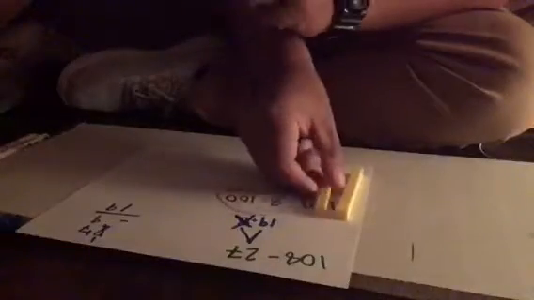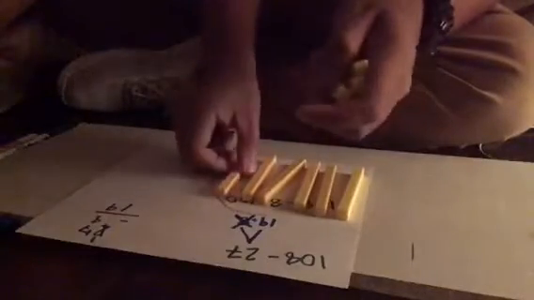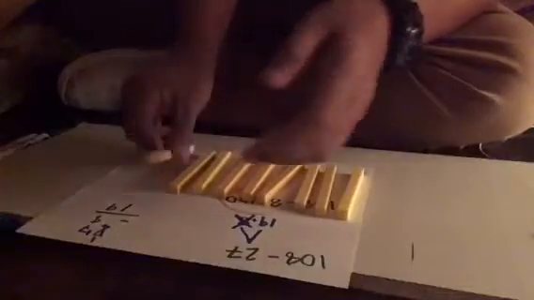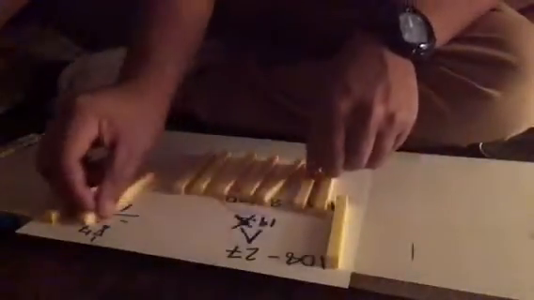So I want you to count with me. 1, 2, 3, 4, 5, 6, 7, 8, 9, 10. I have my 10 longs here to represent the 100.